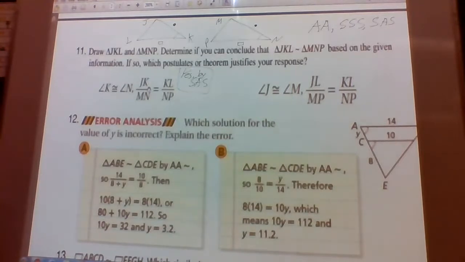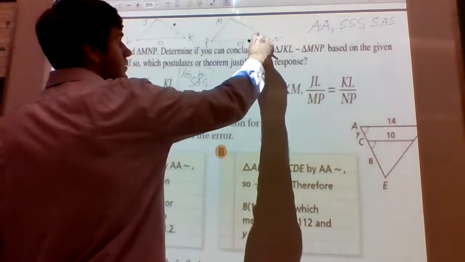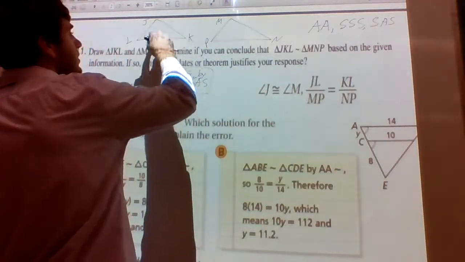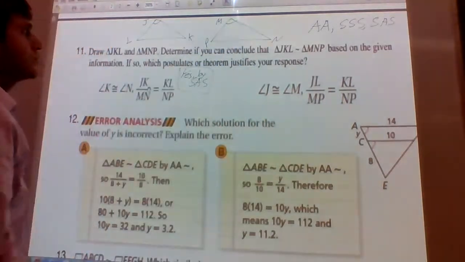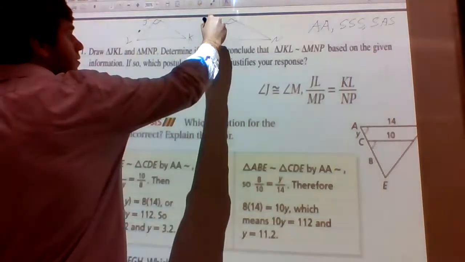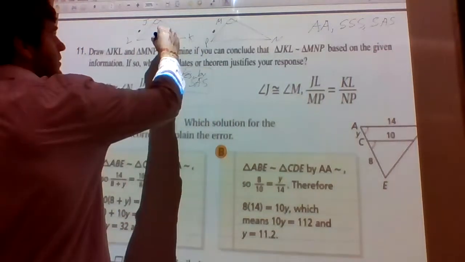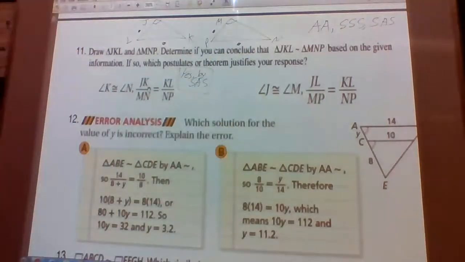The next one tells us angle J and angle M are congruent. Then it tells us JL and MP are corresponding sides, and KL and NP. Okay.